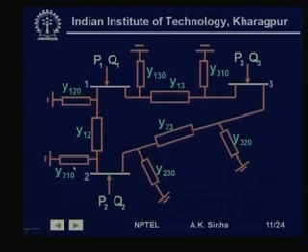So, this pi equivalent model is representing line L1, which is connecting bus 1 and 2.